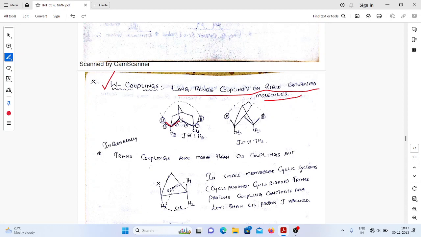If you see this situation, it is like a W shape. So you have a proton here and we have a proton here. If the coupling takes place between these two protons, then such couplings are commonly called W couplings.